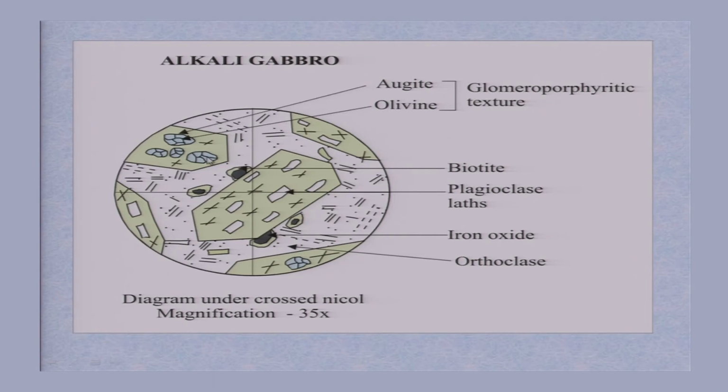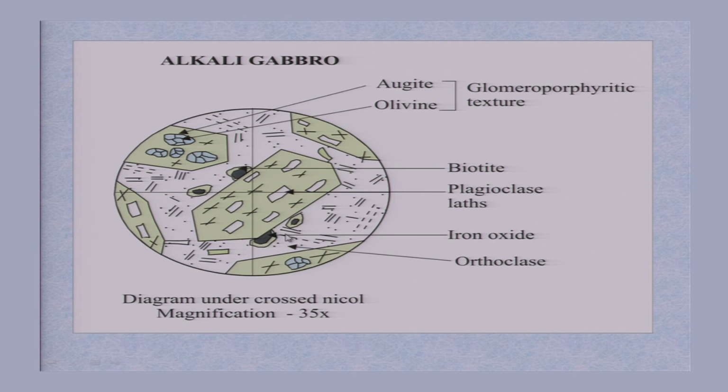See my cursor carefully, these are the augite phenocrysts, they are clustered together at one place and giving rise to a glomeroporphyritic texture. Other minerals are biotite, plagioclase. This is plagioclase. See carefully, the plagioclase crystals, they are embedded within the large crystals of augite. So, therefore, it is glomeroporphyritic texture.